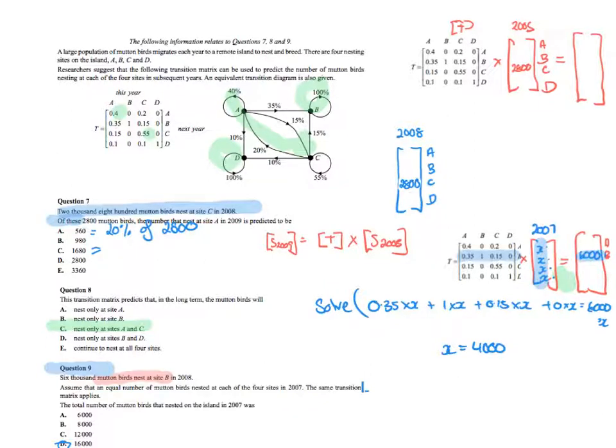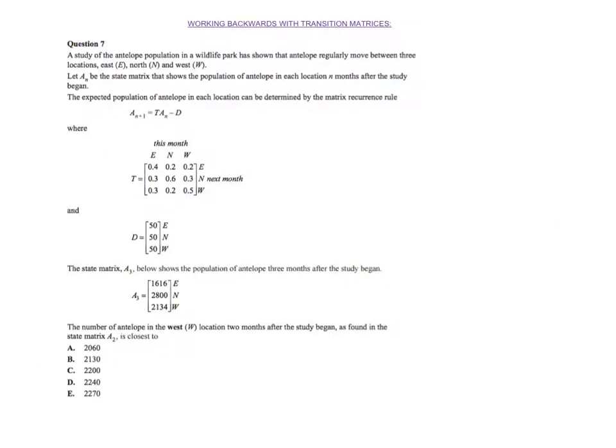All right? Okay, so now the last little bit we've got to do, and I found that was sort of working backwards as well. So we're going to do this question, but this will show you how you can work backwards. All right, so question 7. A study of antelope population in a wildlife park has shown that the antelope regularly move between 3 locations, east, north and west.